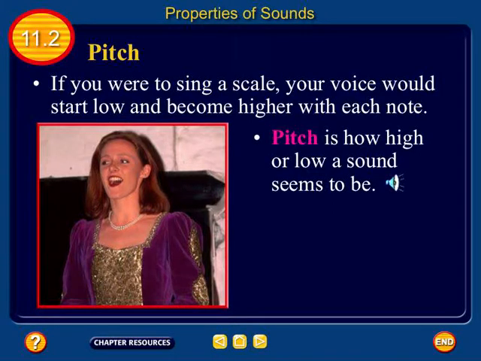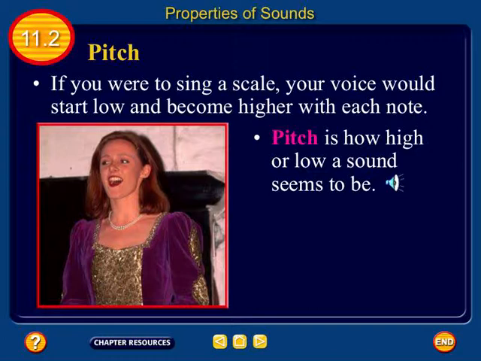The pitch is going to be the difference between the two at the same volume. How do they sound different? To me, it's kind of hard to describe that. High, it sounds high or low. I don't know what it means to sound high. When you really think about it, that's kind of hard to describe, isn't it?